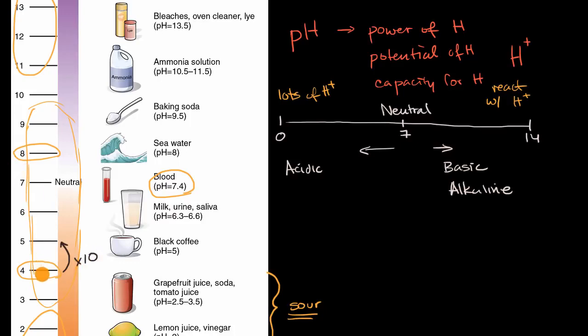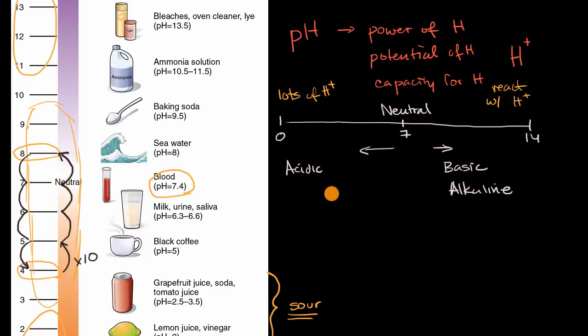And so comparing something with a pH of 4 to a pH of 8, the thing with the pH of 4 would be 10, 100, 1,000, 10,000 times more acidic. Or you could say the thing with the pH of 8 is 10,000 times more basic.